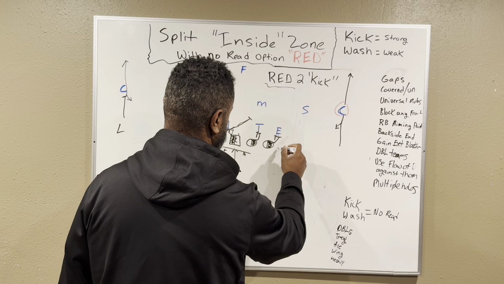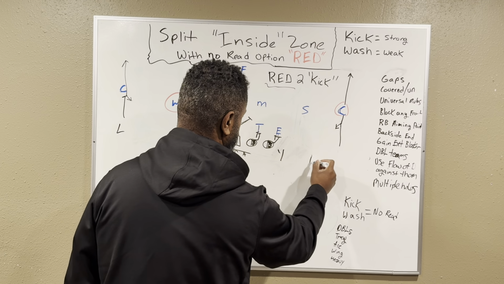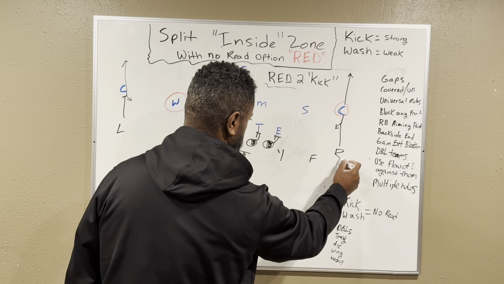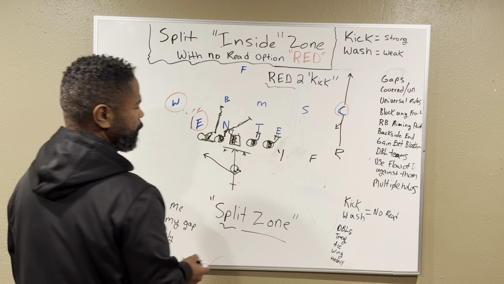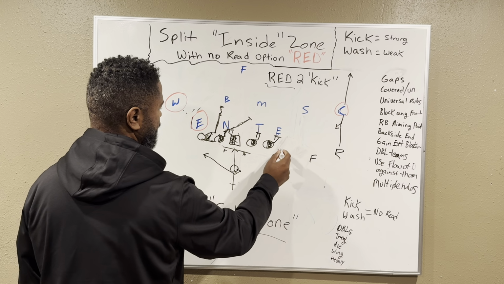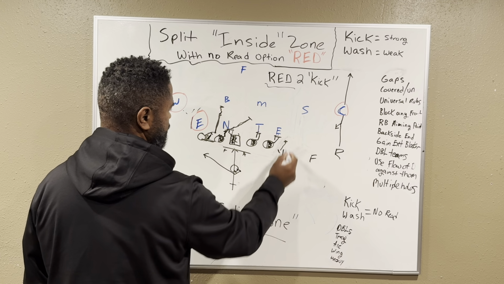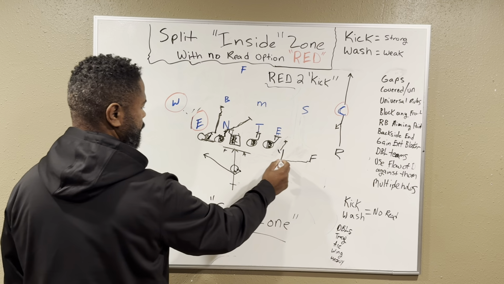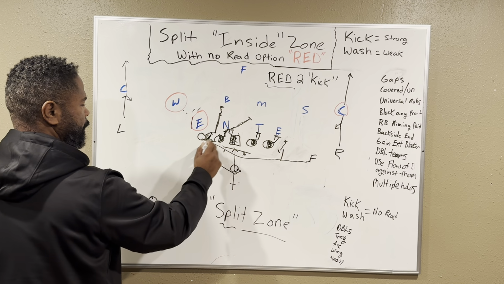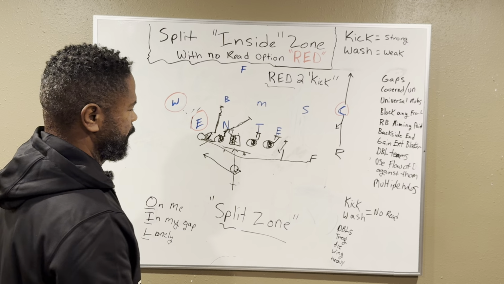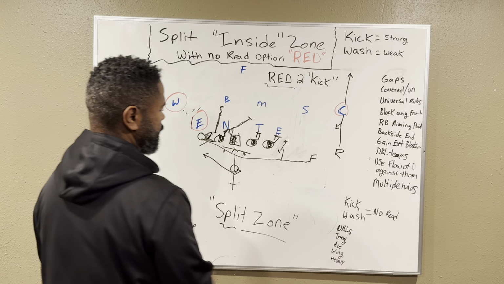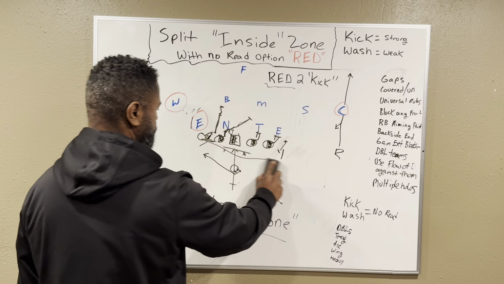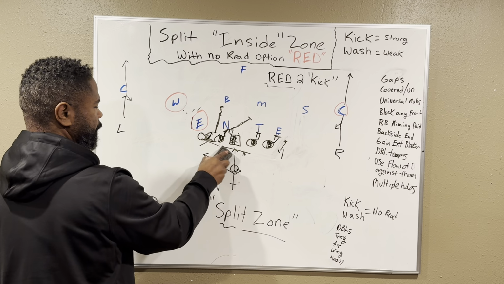So with tray, we'd be here. So we can go motion, have him stay play side, have him come motion, and he be the kick guy. All right. So you can do it that way. We do it that way as well.